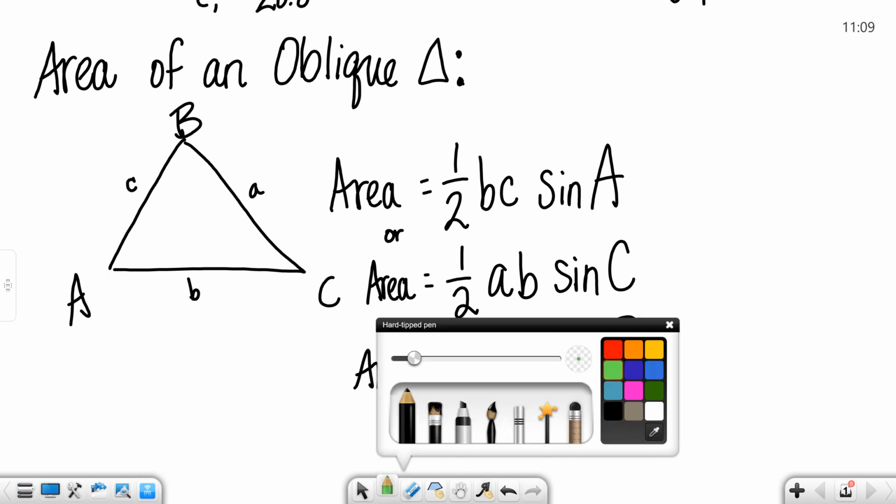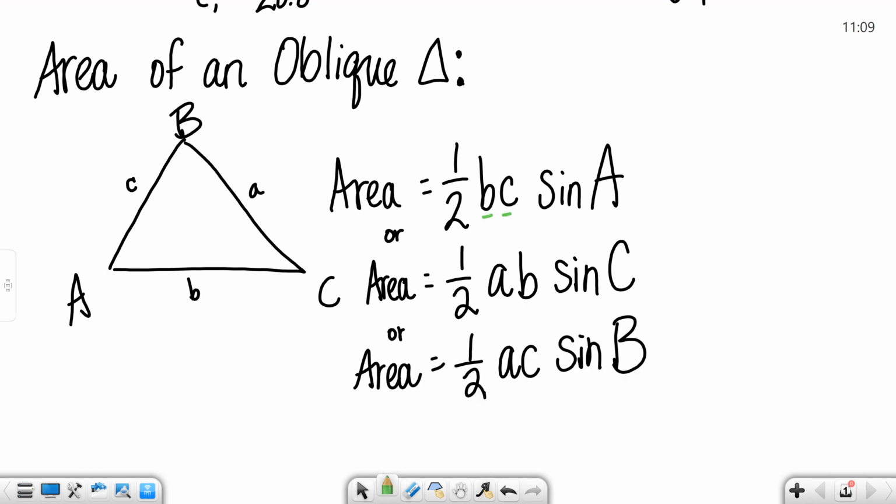Notice that if I know side b and side c, then I use angle A. Well, notice that that angle is the angle that is between side b and side c. So we call that the included angle. Okay, that's just the angle that is between the two sides b and c.